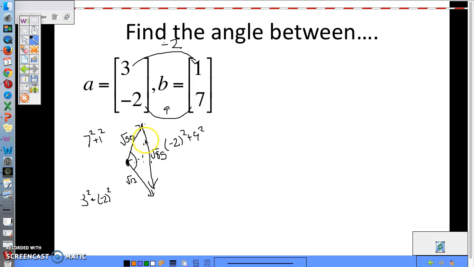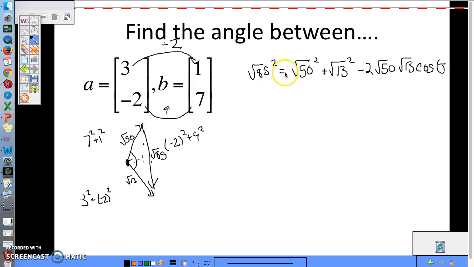We want to find this angle, so we're going to start with the square root of 85 squared, then it's the other side squared, square root of 50 squared, plus the square root of 13 squared, minus 2 square root of 50 square root of 13 times the cosine of theta. Well, this is just 85 equals 50 plus 13 minus 2 root 50 root 13, the cosine of theta.